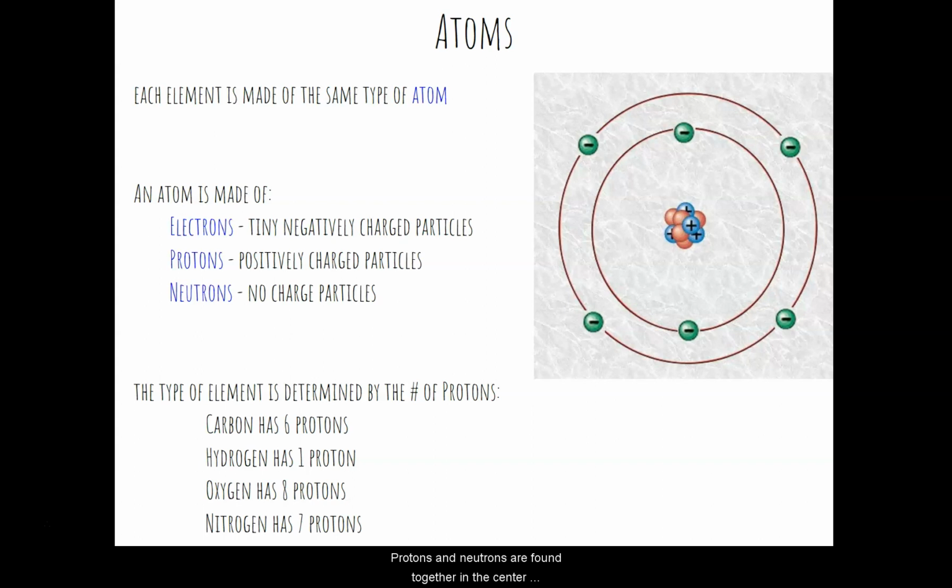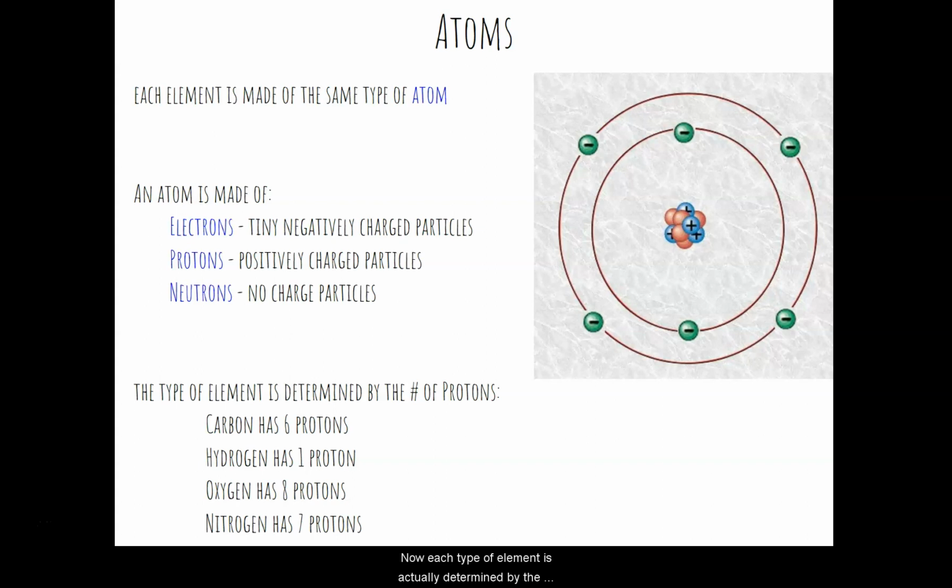Protons and neutrons are found together in the center of an atom, a place called the nucleus. Neutrons have no charge, and protons have a positive charge. Protons and neutrons weigh about the same amount, and we'll call it 1. So if you had 3 protons and 3 neutrons, your total mass would be 6, for example.